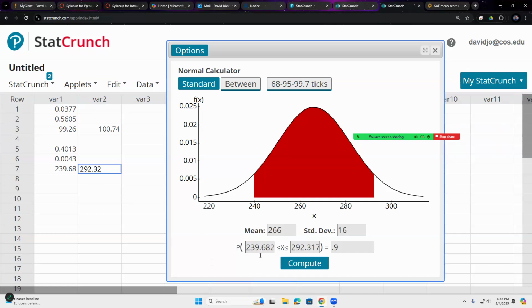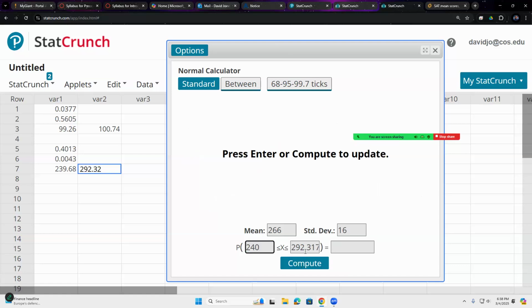So what would the nearest day be for 239.68? 240. What would the nearest day be for 292.317? 292.